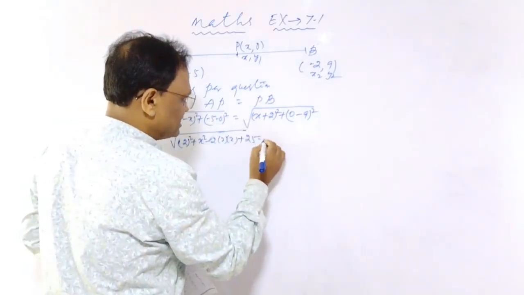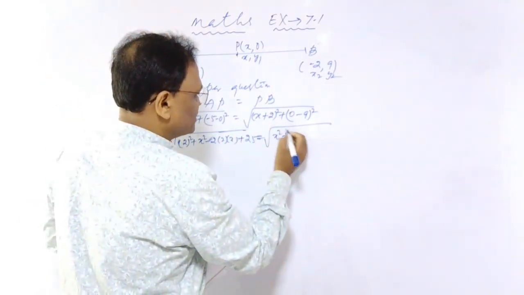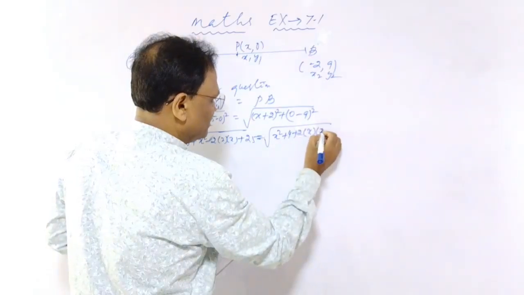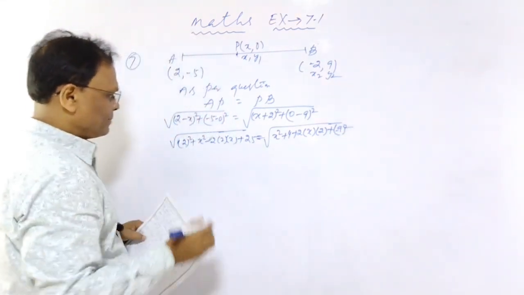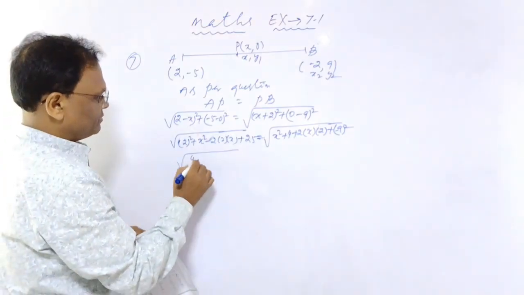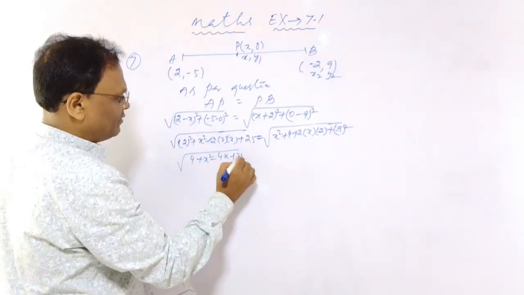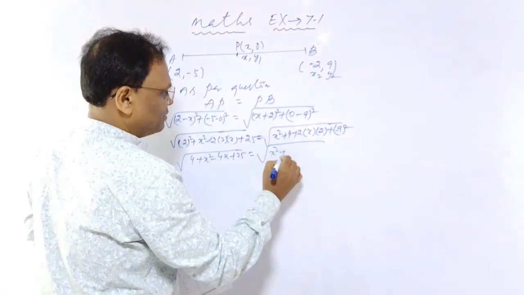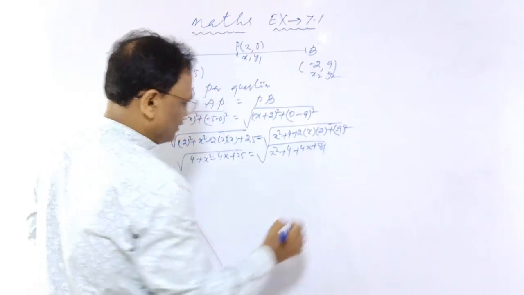Right side is (x plus 2) whole square: x square plus 2 square is 4, plus 2 into 2 into x, plus minus 9 whole square. So 2 square is 4, x square minus 4x plus 25 on the left side equals, on the right side, x square plus 4 plus 4x plus 9 nines are 81.